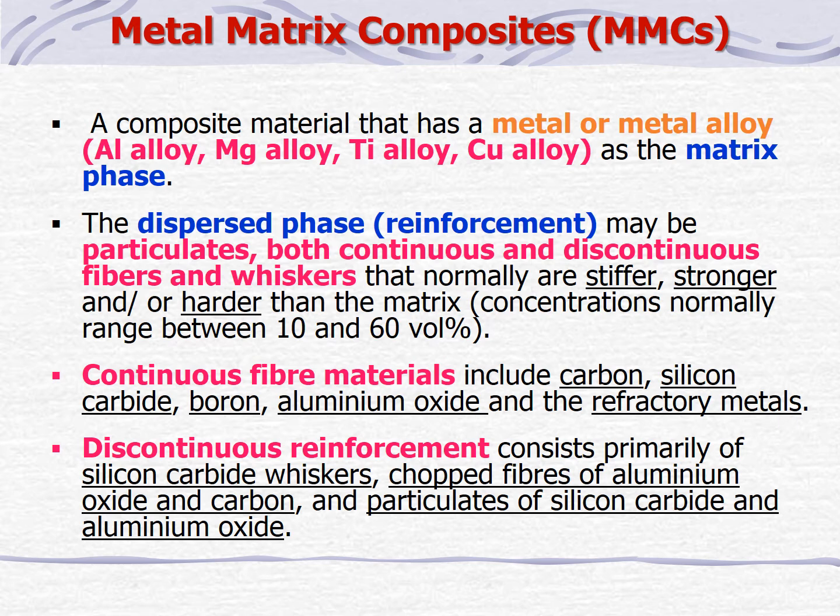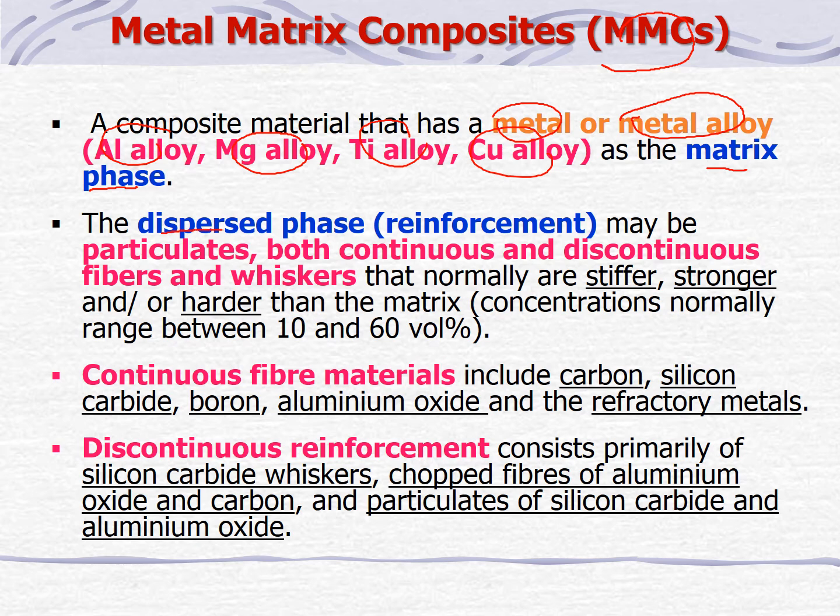Let's look at the metal matrix composite, because we are in the chapter on metals. It is a composite material that has a metal or metal alloy, such as aluminum alloy, magnesium alloy, titanium alloy, or copper alloy, as the matrix base. It can be a pure metal or metal alloy as the matrix phase.